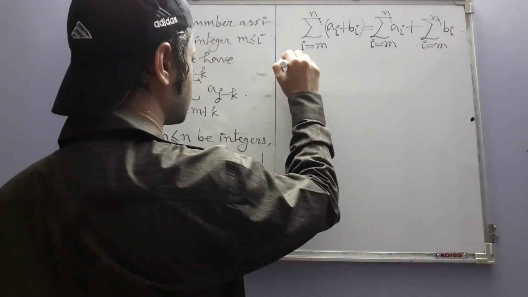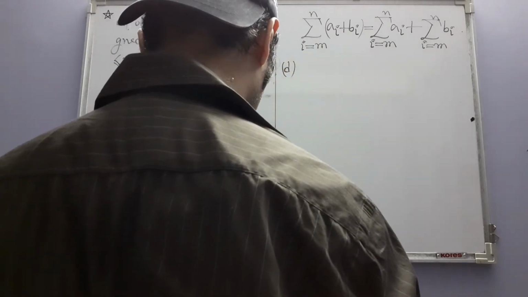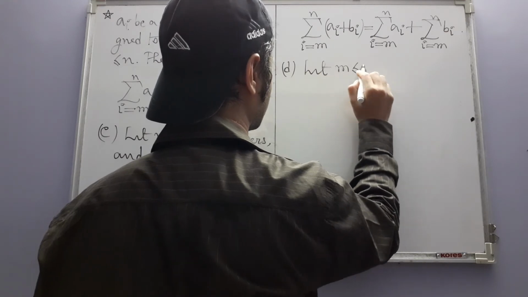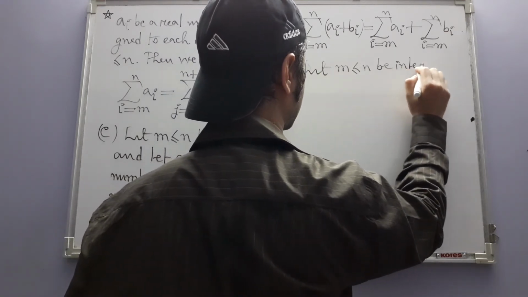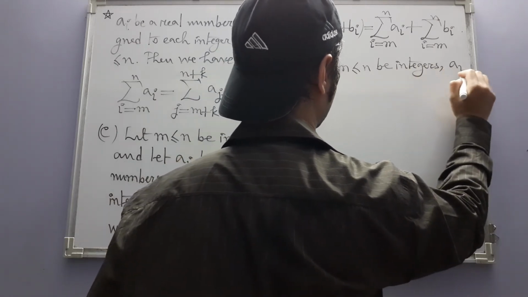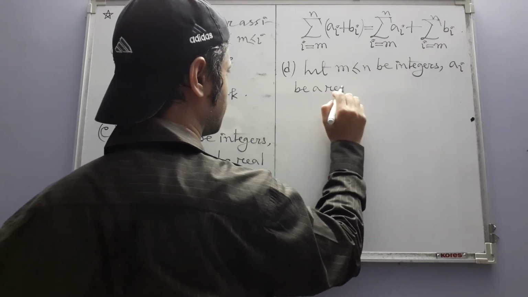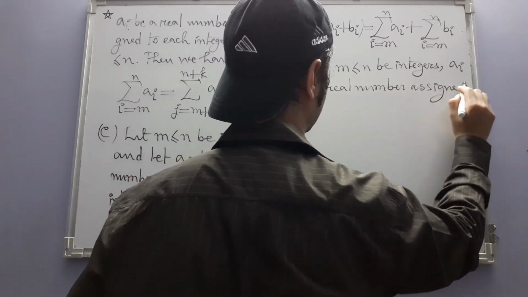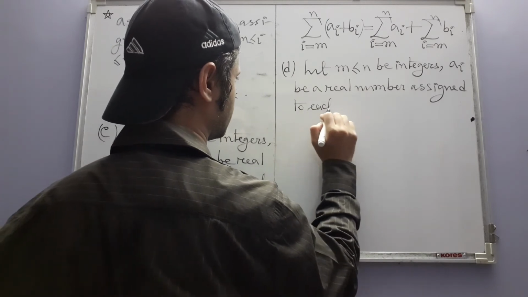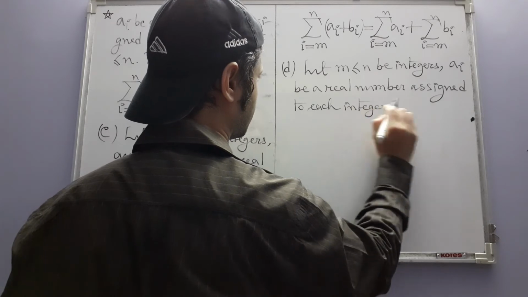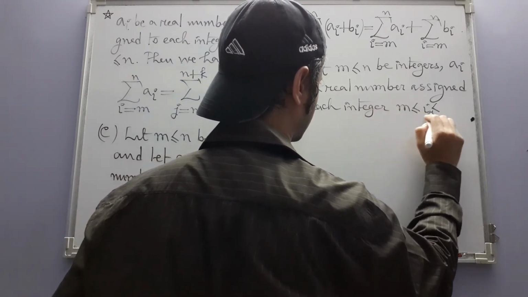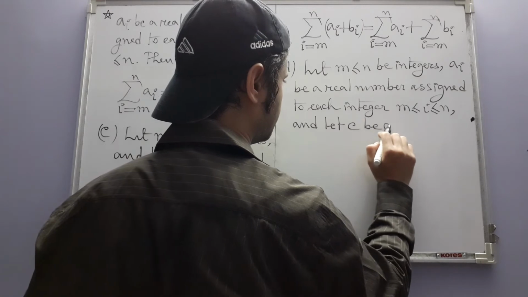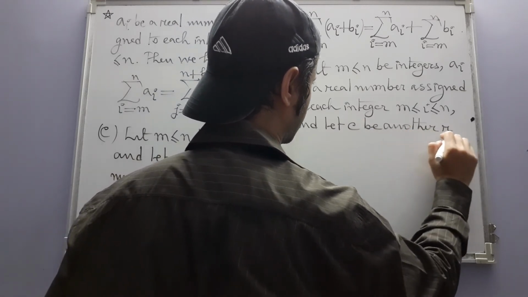Then part D. Let m less than or equal to n be integers, a_i be a real number assigned to each integer i lying between m and n, and let c be another real number.